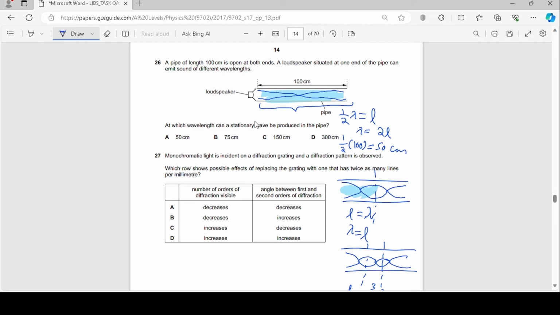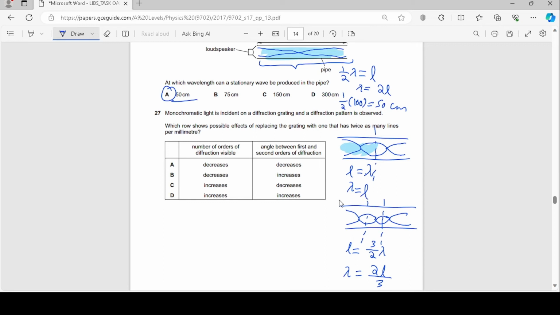That is a probable option, so I guess A would be right. But then if I look at this one, it's 100.